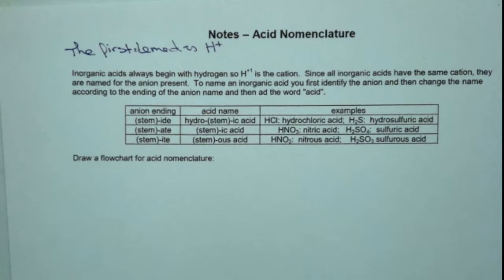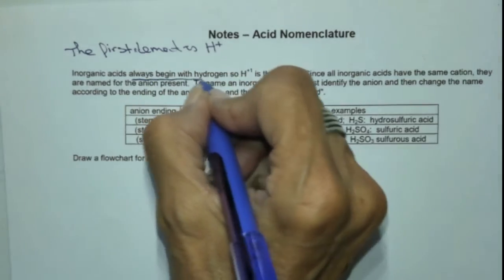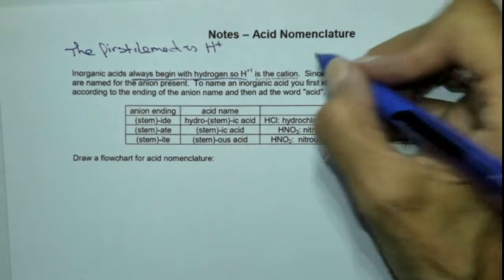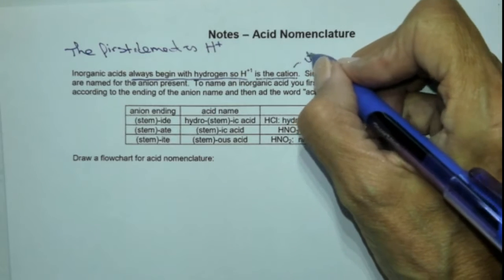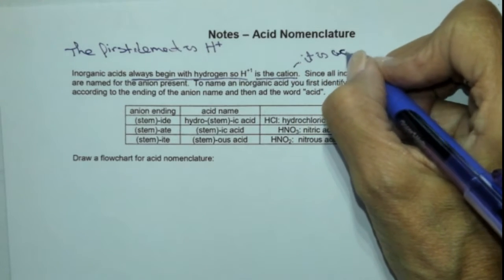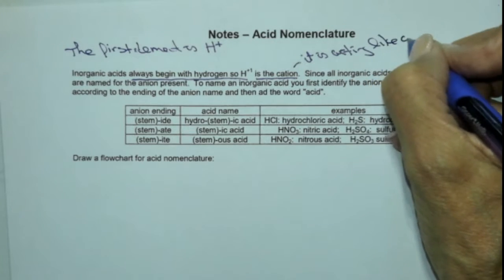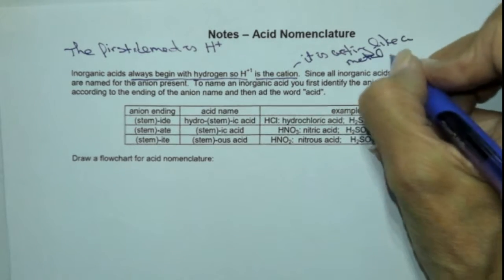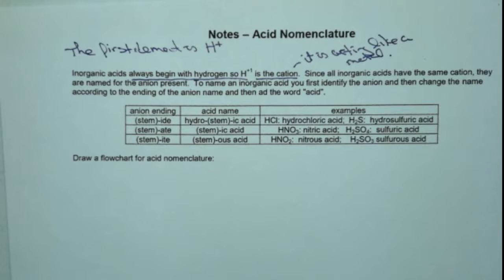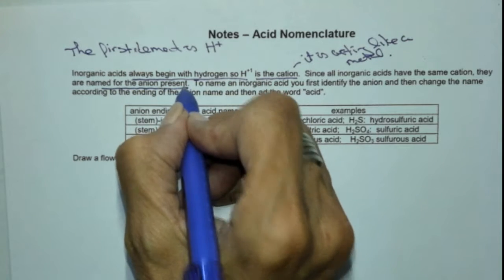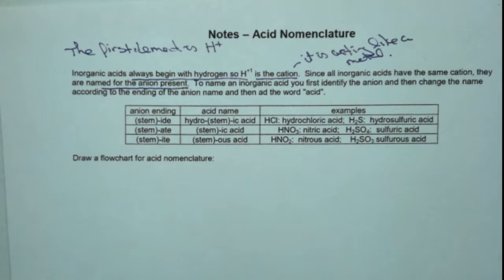Inorganic acids always begin with the hydrogen ion. It is a cation, acting like a metal. Since all have the same cation, they are named for the anion, the negative portion of the compound.